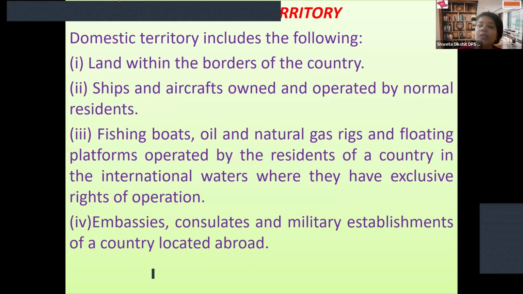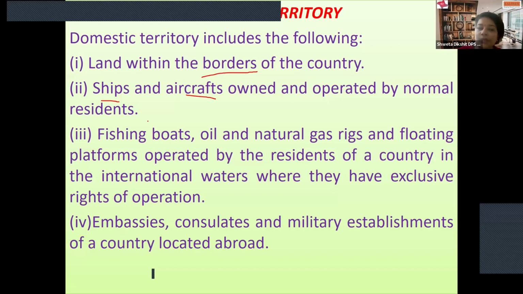It's not all about the domestic territory or the borders of the country. It is also about the ships and aircraft which are owned and operated by the normal residents of the country, like fishing boats, oil rigs, floating platforms, any other thing which is within the water body, for example the Indian Ocean, Bay of Bengal, till certain nautical miles in these oceans and seas, India claims its ownership.